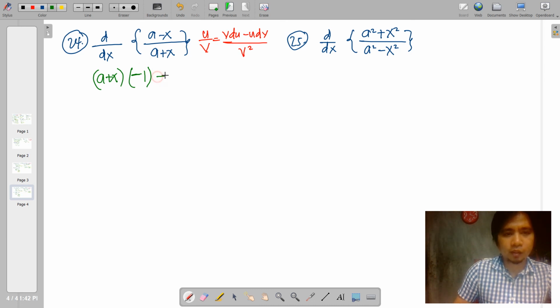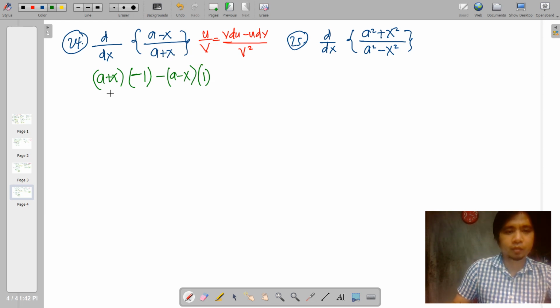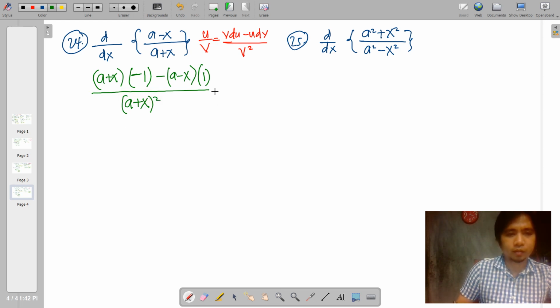And then minus u. Ano yung u natin dito? A minus x. So a less x. Differential of the denominator. So 0 na yan. 1 lang yung dx. Okay? Dx over dx. So divided by, we have here a plus x. So this is squared. So I think we can just simplify terms here. Negative a minus x na yan.